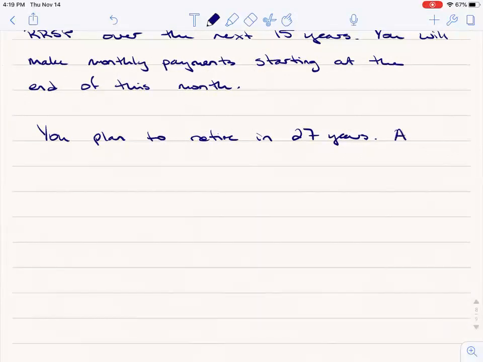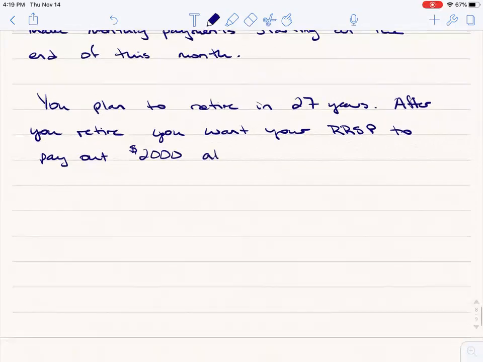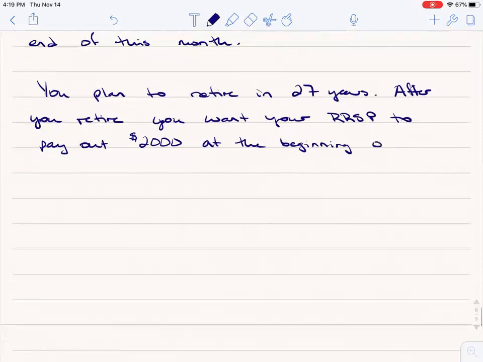So after you retire, you want your RRSP to pay out $2,000 at the beginning of each biweekly period for 20 years.